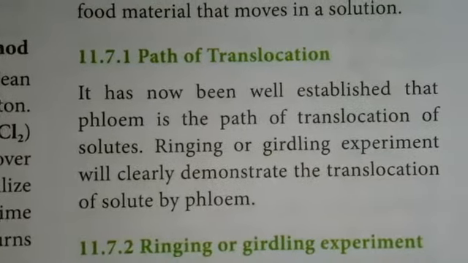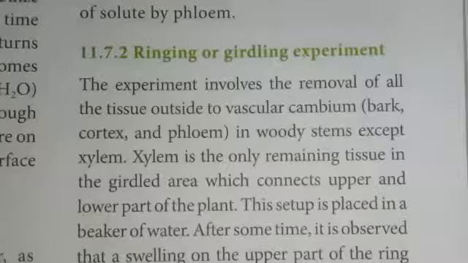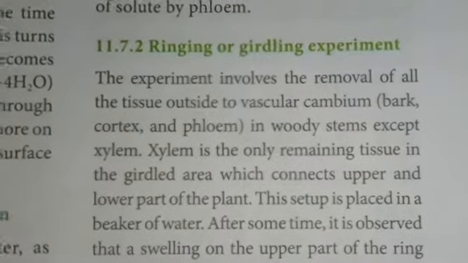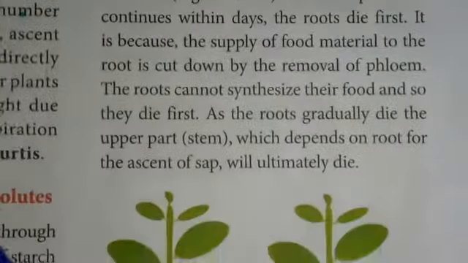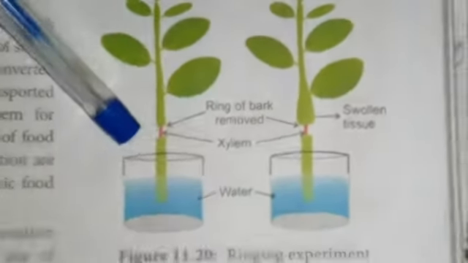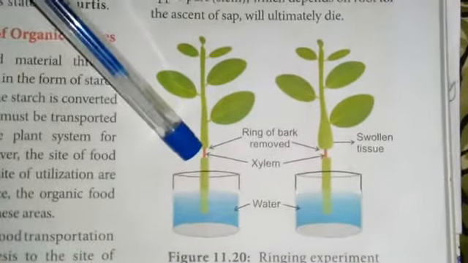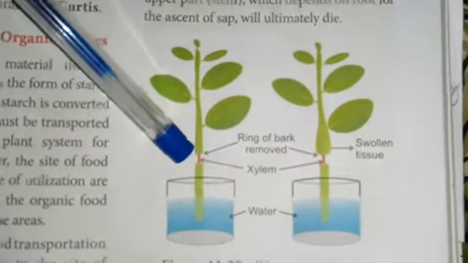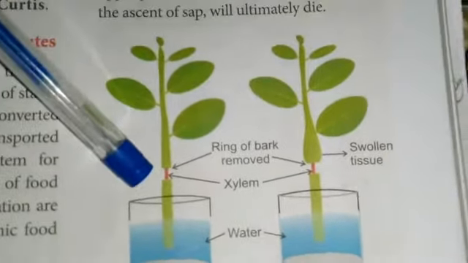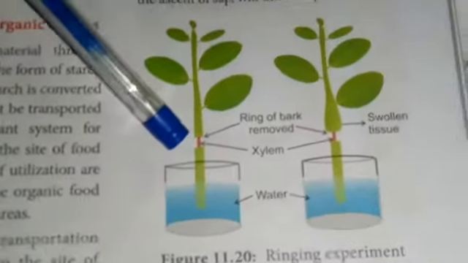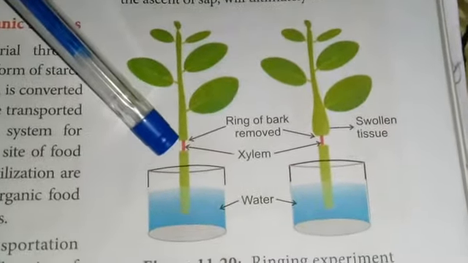The experiment is the ringing or girdling experiment. The ringing or girdling experiment involves the removal of all the tissue outside the vascular cambium except the xylem. The other tissues, such as the cortex, phloem, and bark of the plant, are removed.